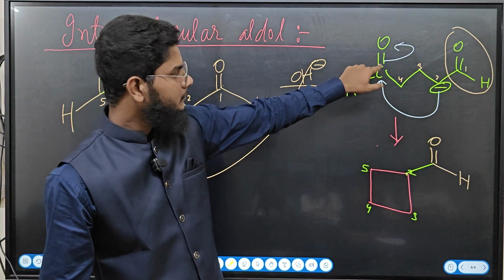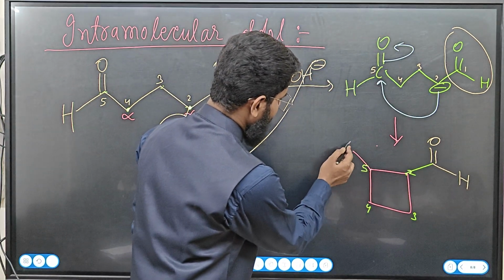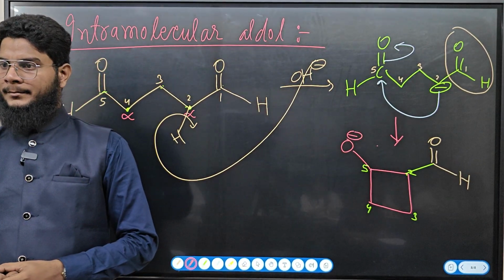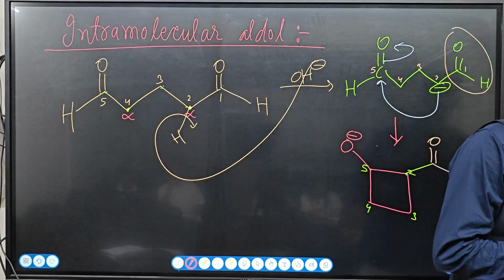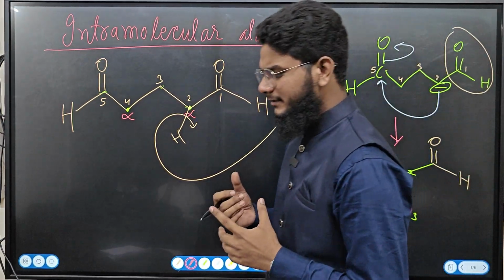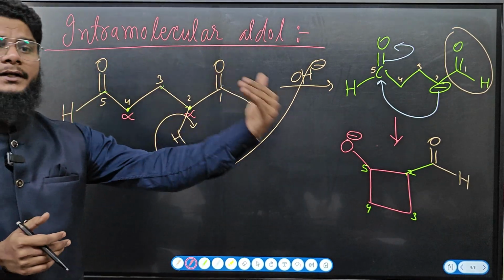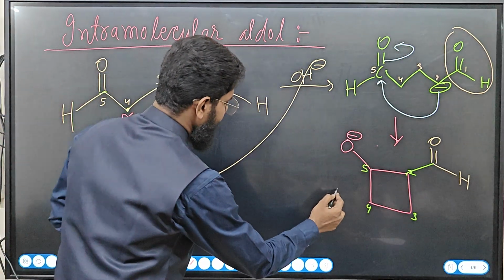In 5, you have a C-O minus bond. So this is your ring. This intramolecular aldol condensation is a type of cyclization reaction where an open chain is converted into a cyclic ring. Now the next step is workup.